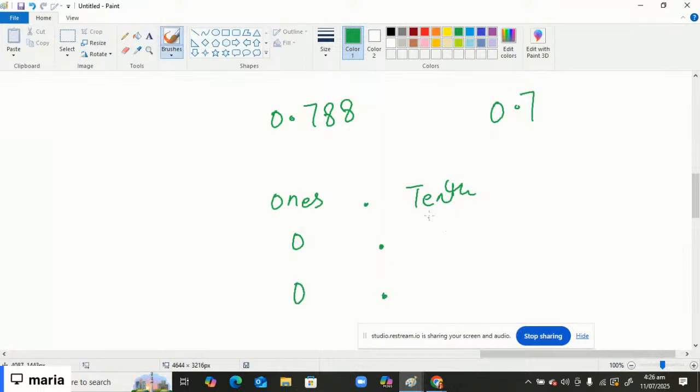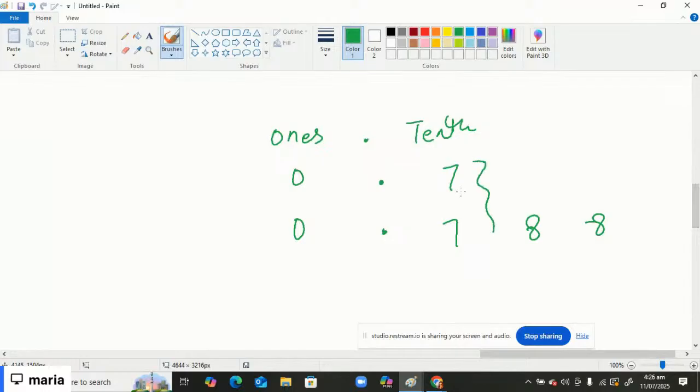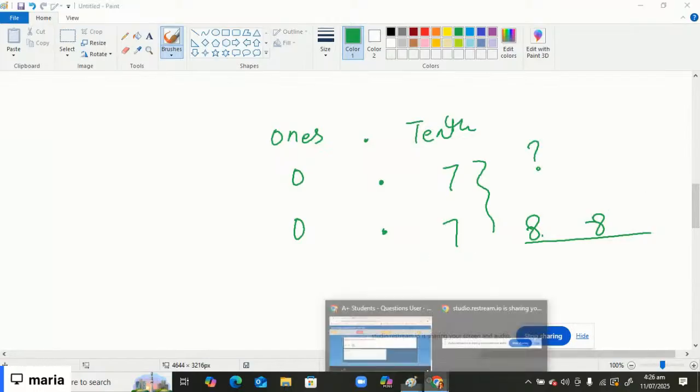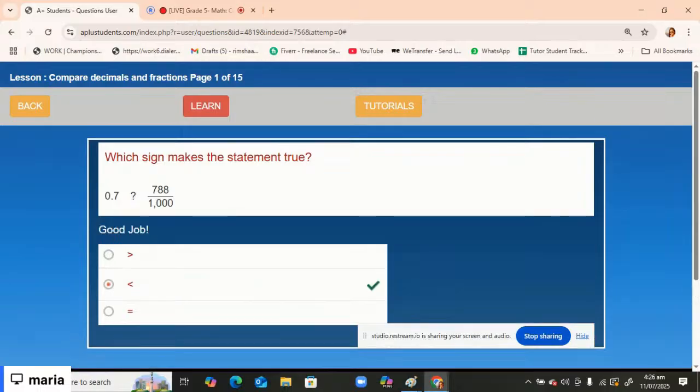Now 7 and 7 are also the same. Then in that one there is an 8, but here there is none. If this is 0, it means that these both are equal, but there is some digit: this is 8 and here is nothing. So 0.788 is greater as compared to 0.7 only.